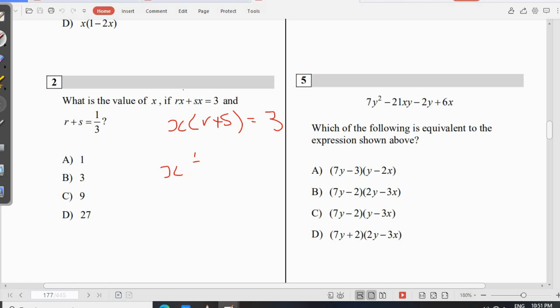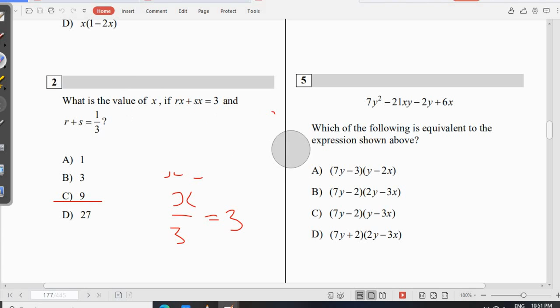So x over 3 equals 3. Carry 3 to the other side, you have 9. x equals 9. That makes sense, because putting 9 into r plus s gives 3 over 9, which is 1 over 3. Alright, let's go to the next one.